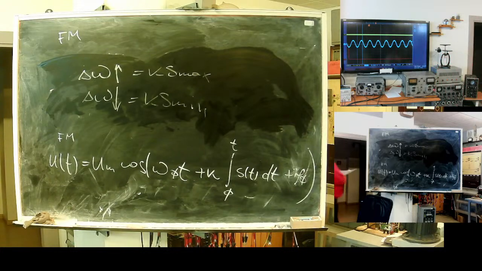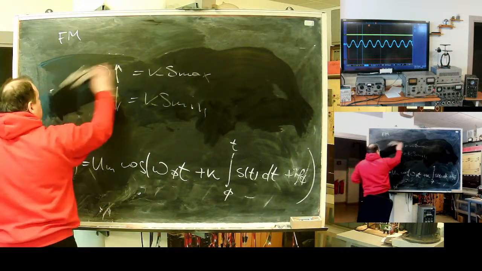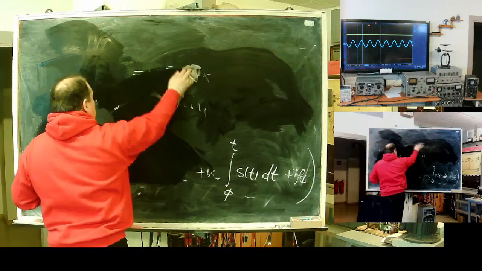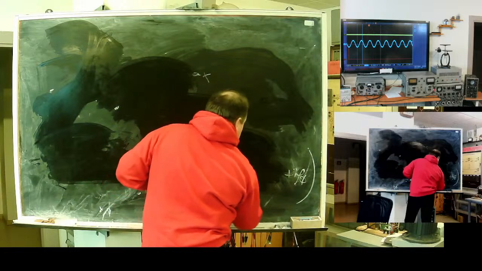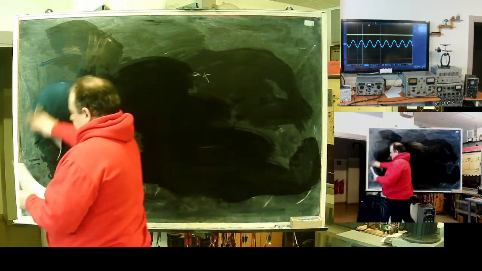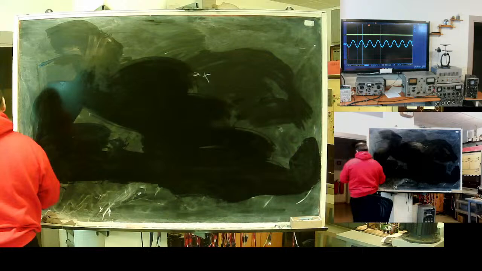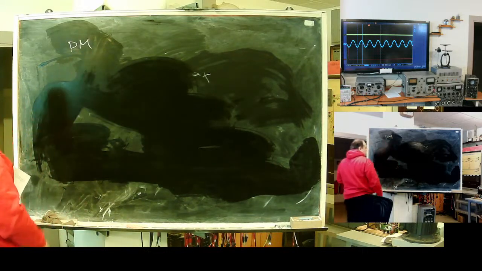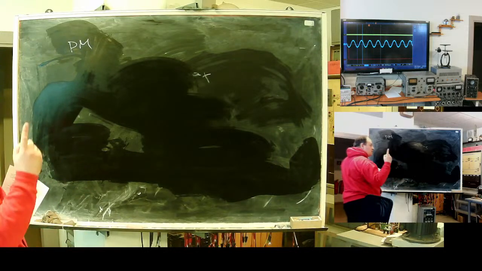Okay, what I started with. I would like to at first show a simple case with a one frequency signal. Let's say I have angle or phase modulation with a signal.